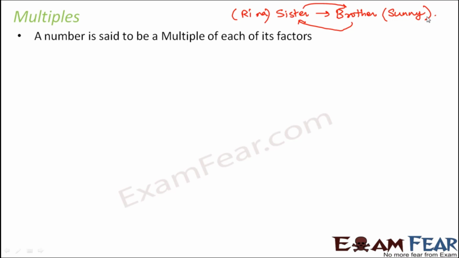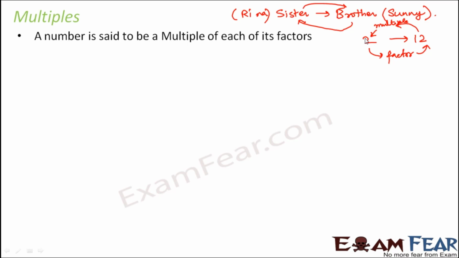In a similar way, if you see that 2 is a factor of 12, that would mean that 12 is a multiple of 2. So that is how the relation is. So let's say 2 and 12. If we say that 2 is a factor of 12, then we will have to say that 12 is a multiple of 2. So a number is always a multiple of each of its factors.